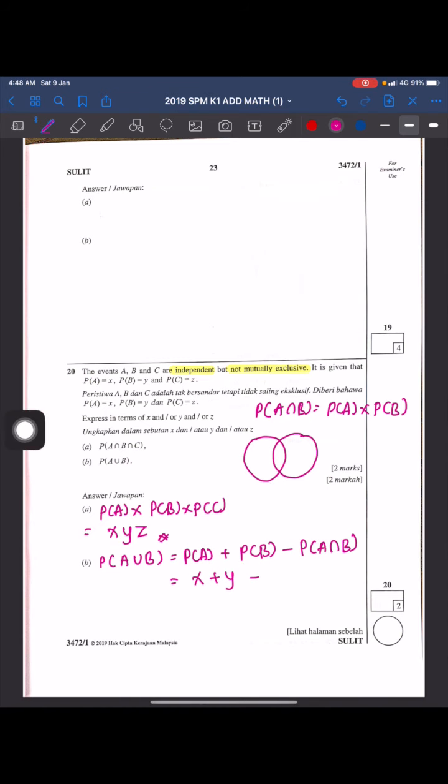So this is actually P(A) times P(B), which is xy.